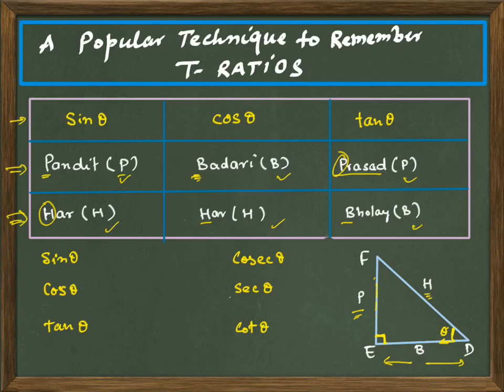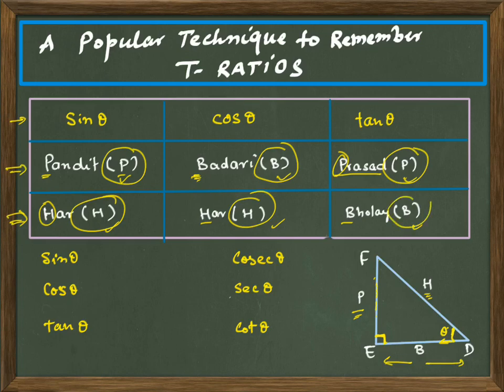From Pandit we took P, from Badri we took B, from Prasad we took P, from Har we took H, from the next Har we took H, and Bhole is B.